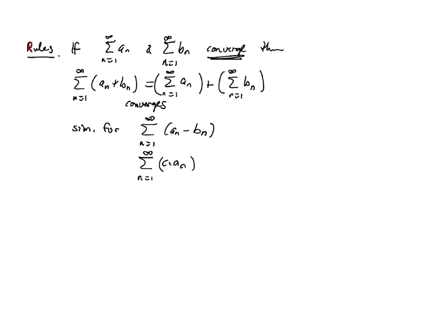The sum of the differences is going to be the difference of the sums, and the sum of the constant multiples is going to be a constant multiple, so I can factor out a constant. You can see an example of this in the text in example 10. So this is the end of the video on section 11.2 on series.